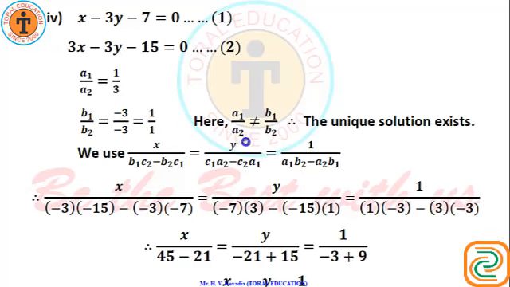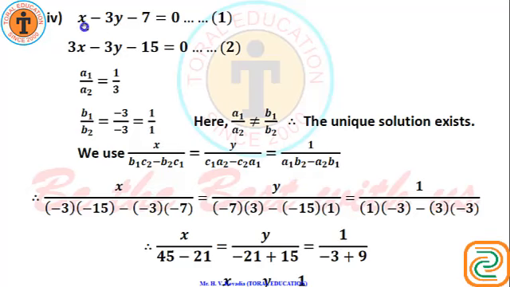So a1 upon a2 is not equal to b1 upon b2. Therefore, a unique solution exists. Here is the formula: x upon b1 c2 minus b2 c1, y upon c1 a2 minus c2 a1, equals 1 upon a1 b2 minus a2 b1. I have taken formulas in each question.